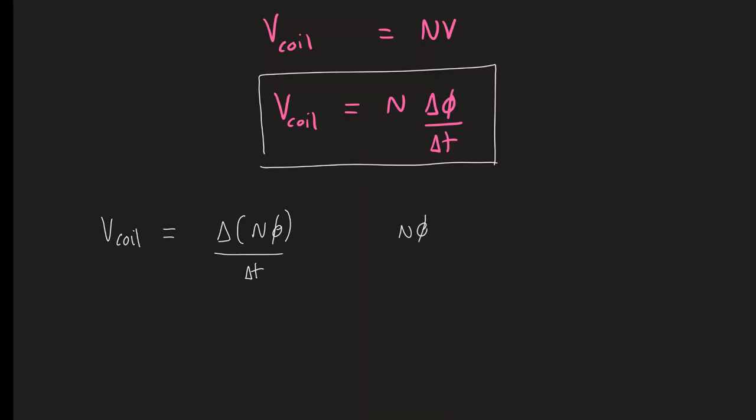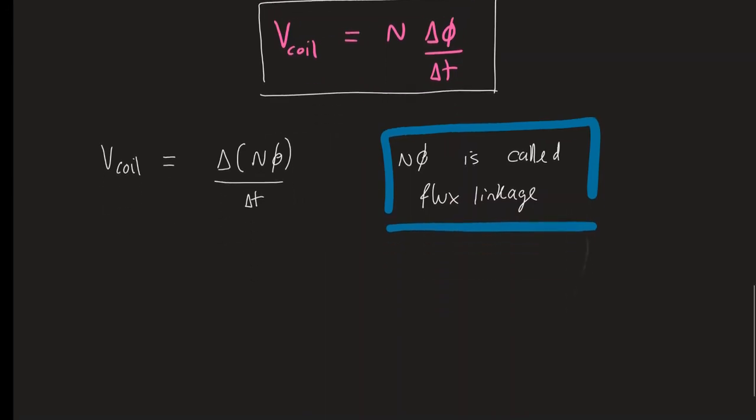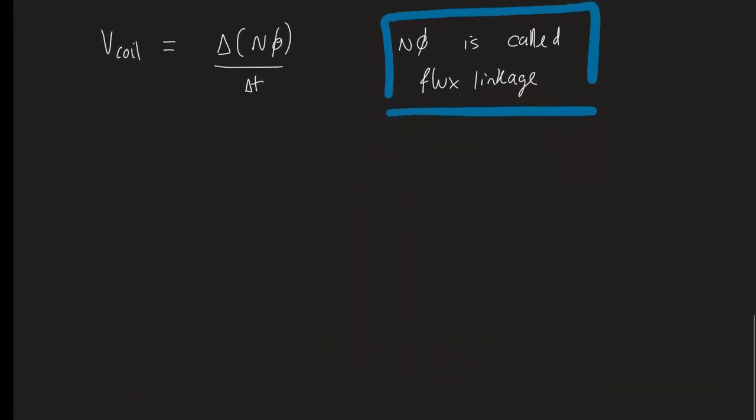This quantity n phi is called flux linkage. It's just the number of turns in the coil multiplied by the flux through each loop in the coil.